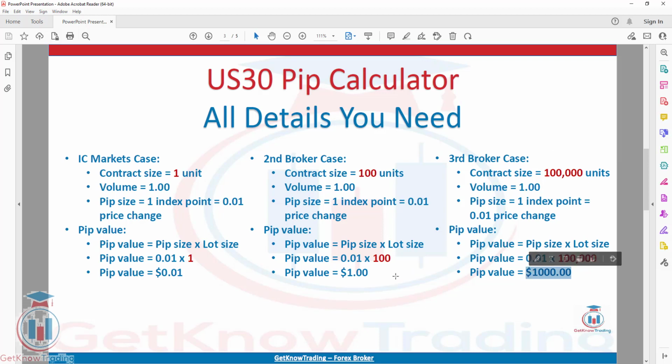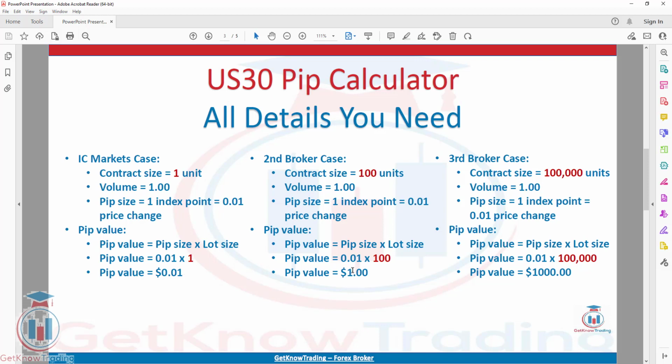But in our case, we have IC Markets, where they define that one standard lot, which is volume 1, is equal to 1 unit. So when you use a pip value calculator and the formula, pip size multiplied by lot size, you get that the pip value for IC Markets in the case of US30 is equal to $0.01.